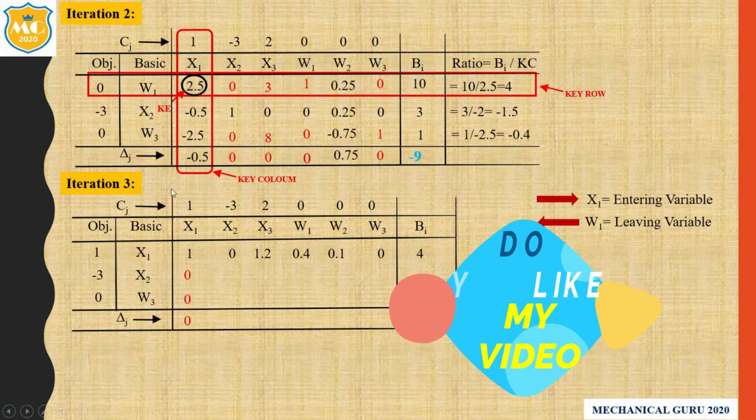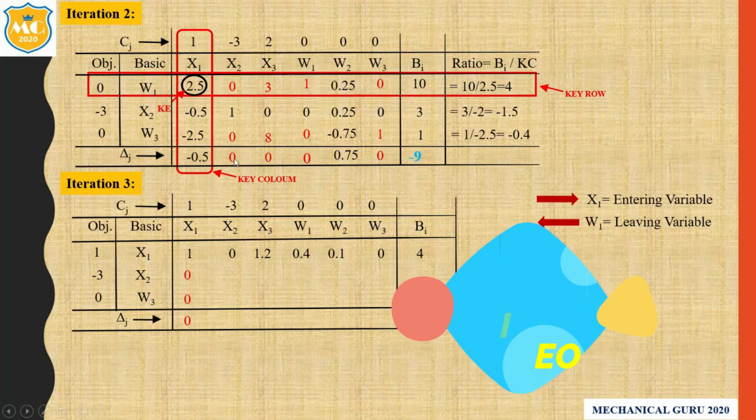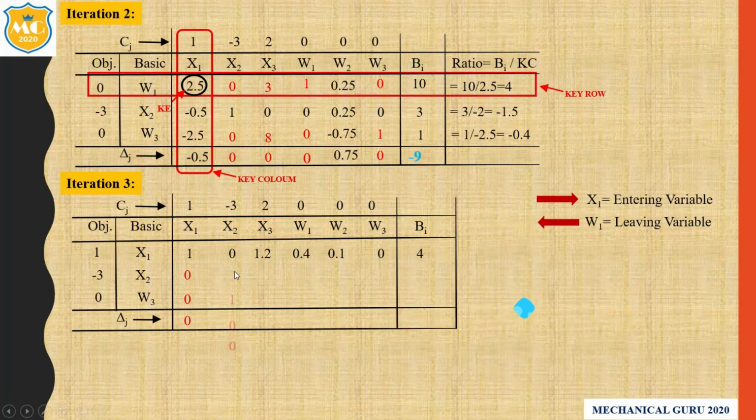Clear? Next the x2 column, so x2 values 0, 1, 0, 0, just copy and paste it. Next w3 values, that is 0, 0, 1, 0, just copy and paste here. Next n is 0, okay, all done. The remaining values we have to find using that equation. New element is equal to old number minus corresponding key row number into corresponding key column divided by key element.